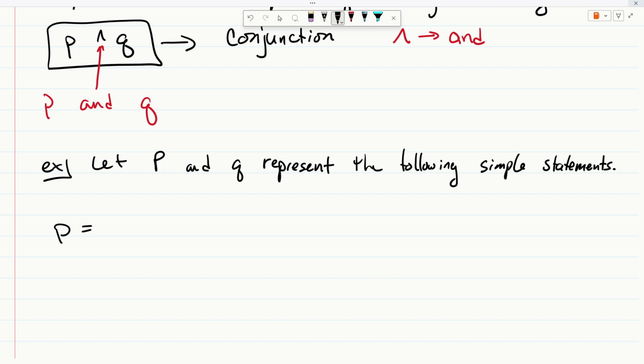So P is going to equal I am working. Q will equal it is after 1 p.m.